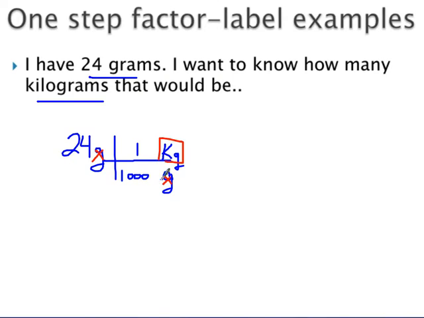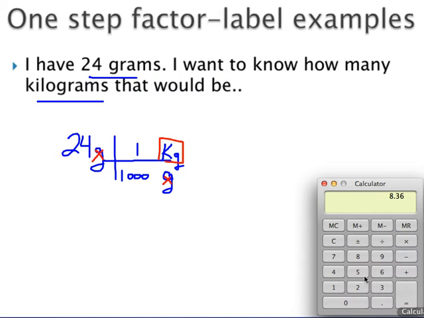I said working straight across, values on the top get multiplied, so that's a 1, it's not going to do anything, and values on the bottom get divided. So what you do is just 24 divided by 1,000. Right, so not too surprisingly, that comes out to be 0.024.